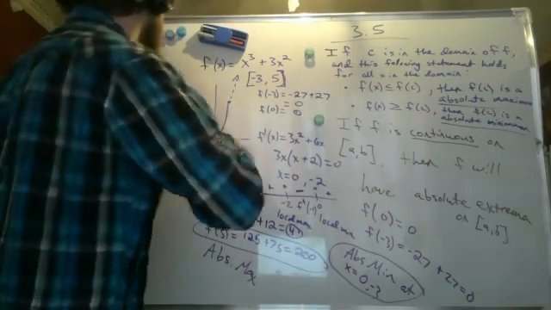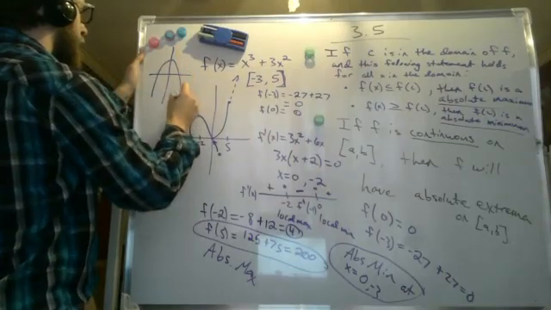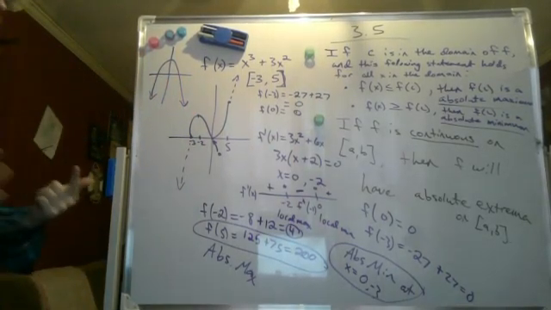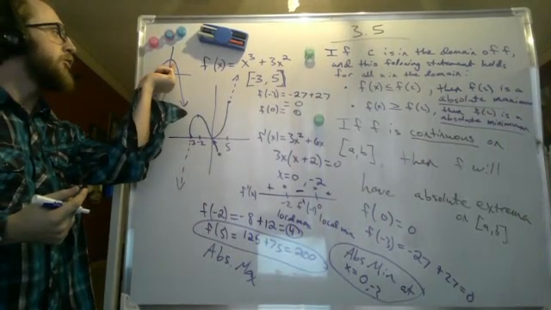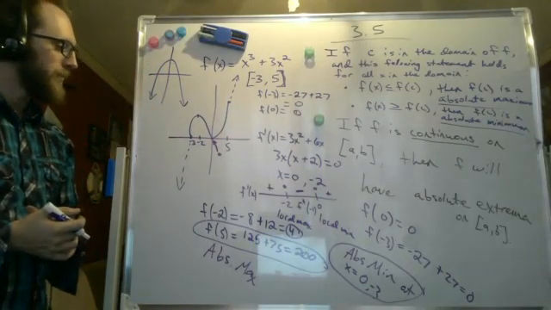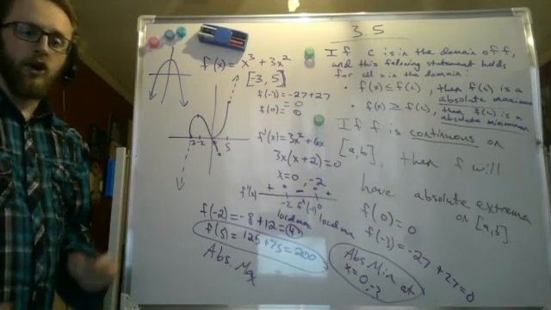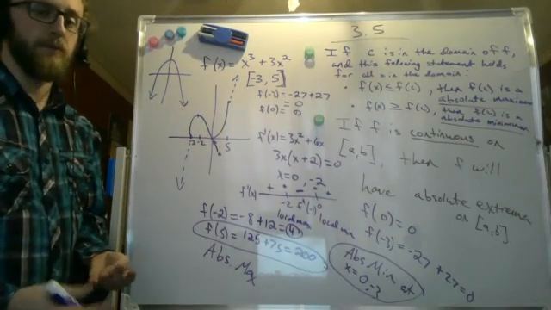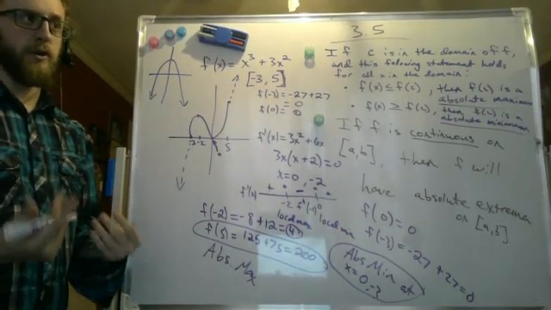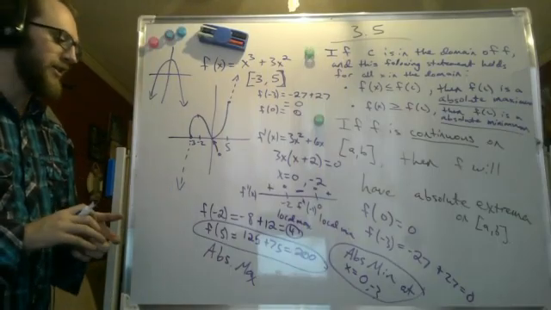But if I were dealing with any other function that is not bounded, like something like this, then the only way you can have an absolute max is if it's also locally a max in its area. So important distinction here. In the case of a bounded domain, your absolute extrema are not necessarily local extrema. But in the case where you have no bounded domain, your absolute extrema are always local extrema. So it's important to keep track of the distinction there.